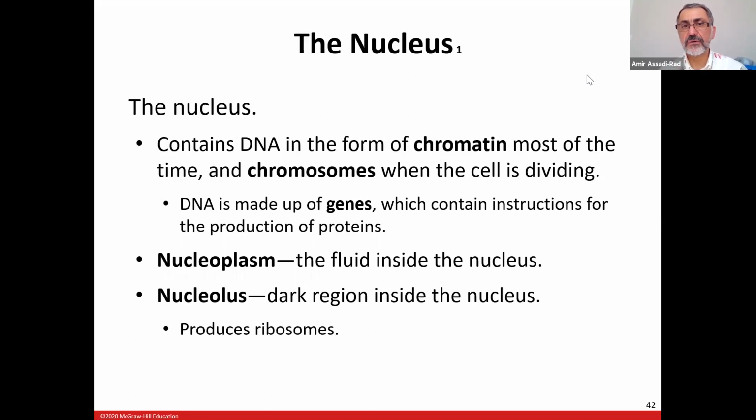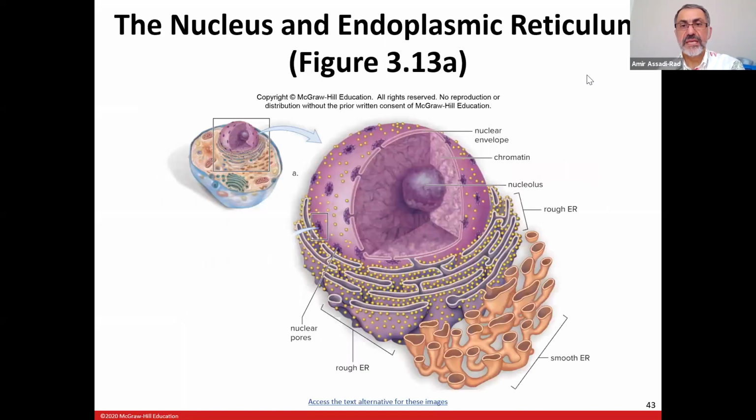Okay, a nucleus contains chromatin, and then nucleoplasm, the fluid inside of the nucleus. Not all cells have a nucleolus. Some cells have one; it's a dark region inside of the nucleus, and it makes ribosomes. Here they are. So here is a nucleus, and the nucleolus right here, and outside of it is endoplasmic reticulum. This is rough endoplasmic reticulum, and this is smooth endoplasmic reticulum, which are the two types of endoplasmic reticulum.